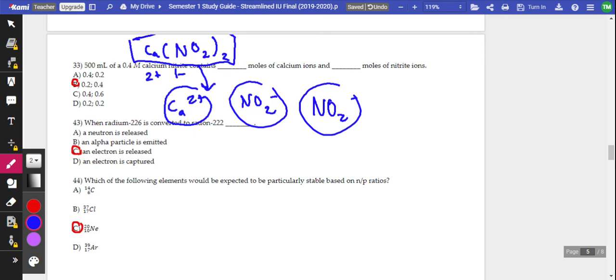My concentration of all this stuff together is 0.4 molar, but that's going to change when we do some stuff around. So let's see what the amount of this would be altogether.